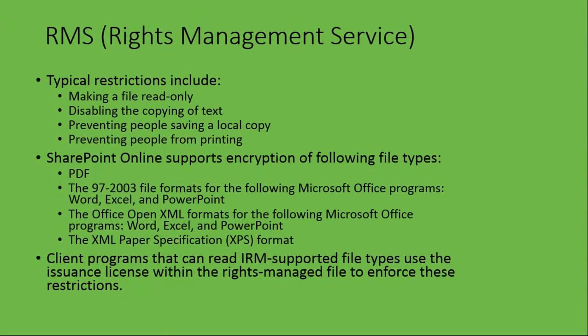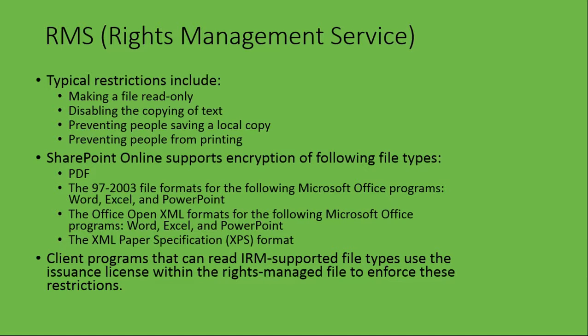So let's see what different types of restrictions the RMS service includes. It can make a file read only. It can disable copying the text. What you can do is open a confidential or protected document, copy the text of the document and paste it in some other file in OneNote or Notepad or somewhere and use that file instead.